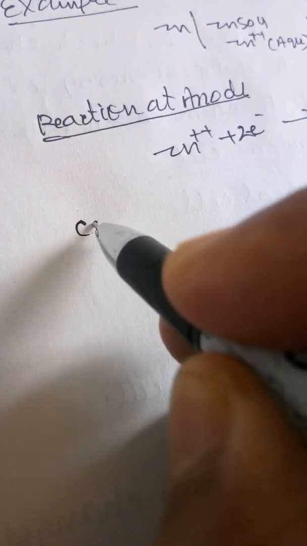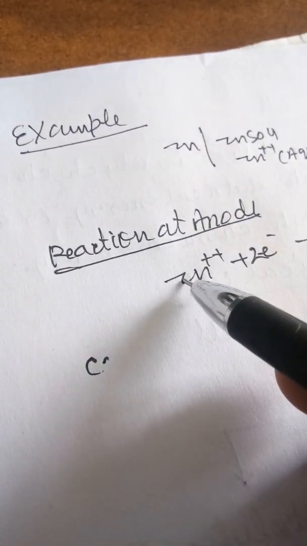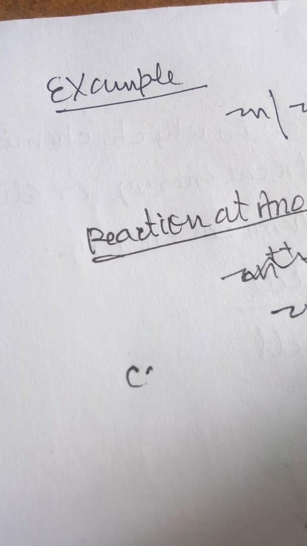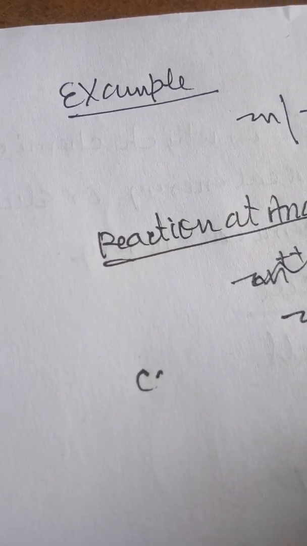Actually, you can say the zinc rod is oxidized to zinc ion plus 2 electrons. So this is the oxidation. The 2 electrons are released here, and these 2 electrons will go through the external connection to the cathodic chamber, and there is a reduction.